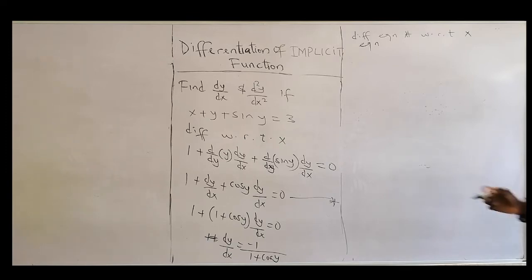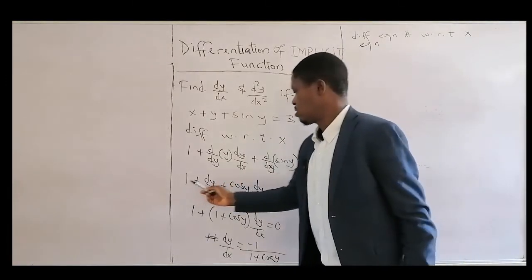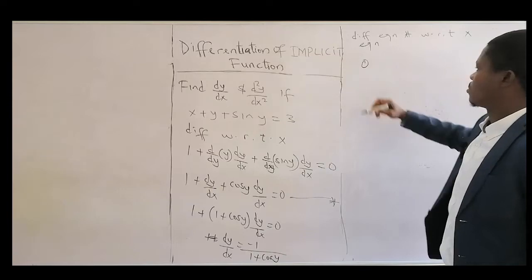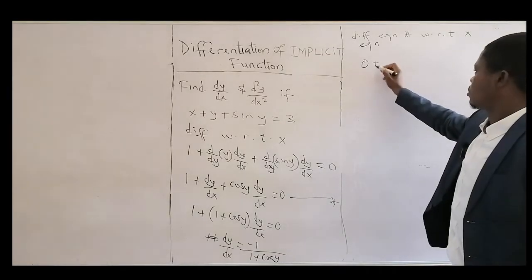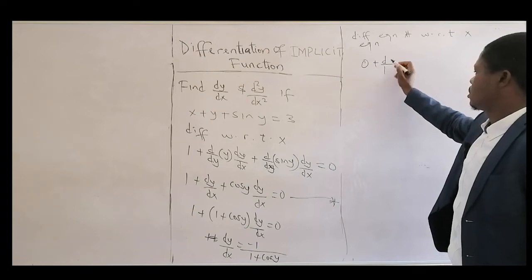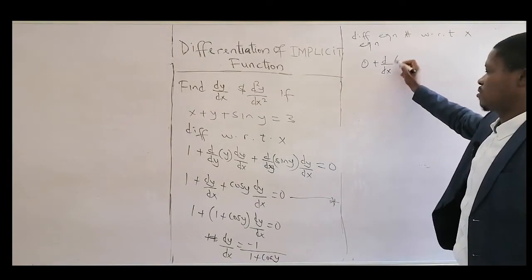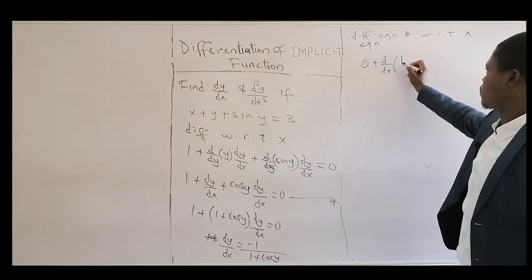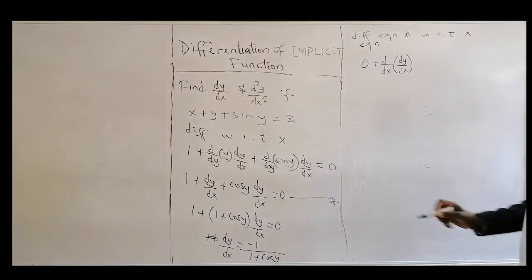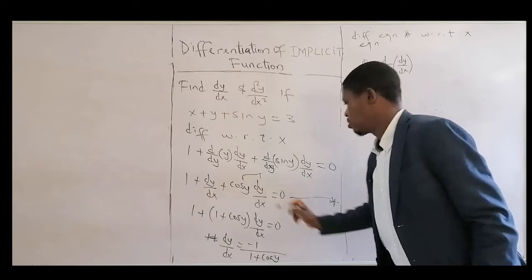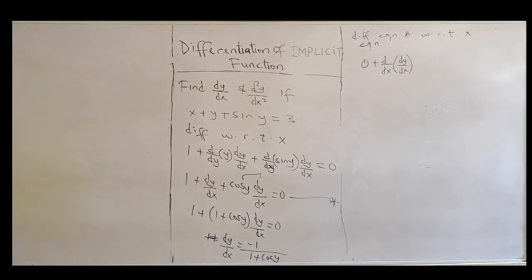So that will be equal to, if you differentiate this one, 1, that will be 0. Okay, and then plus d/dx with respect to x of what? Of dy/dx times cos y. Here is a product rule. So you take one constant, differentiate the other one.